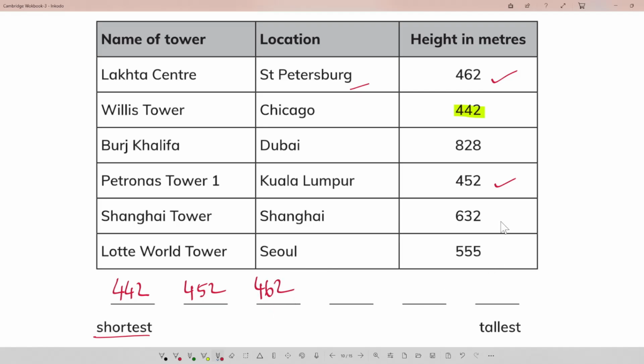And next one here, 442 also done, and here 555, which is Lotte World Tower, Seoul, it means South Korea. So 5, 5, 5. And what next? Here is 632, Shanghai Tower, Shanghai, China. It means 632. And finally, which one is the tallest? 828, Burj Khalifa, Dubai, 828.